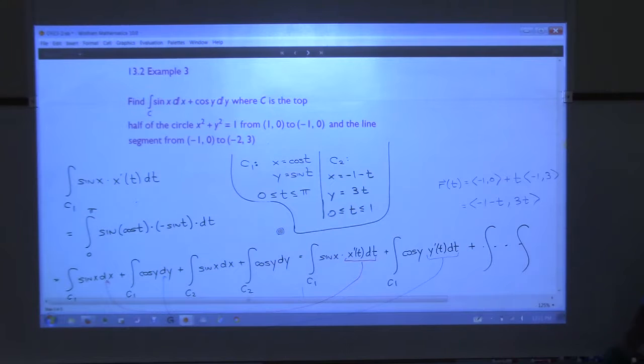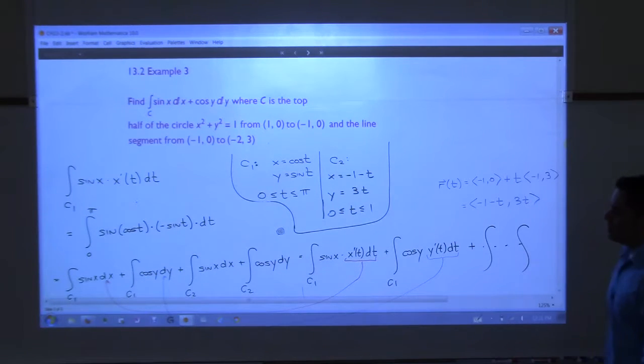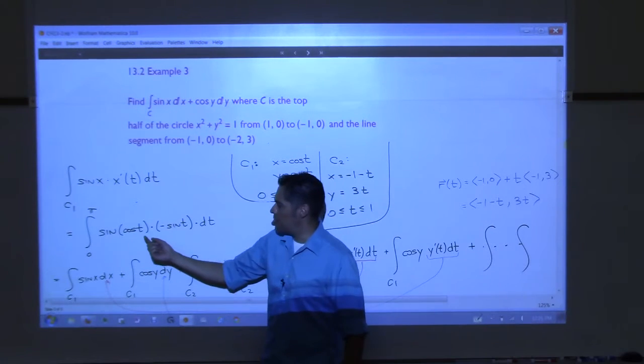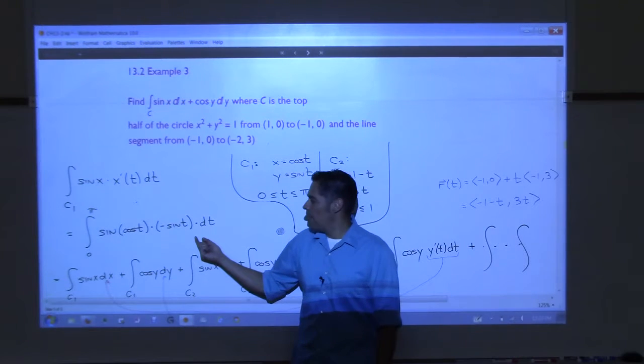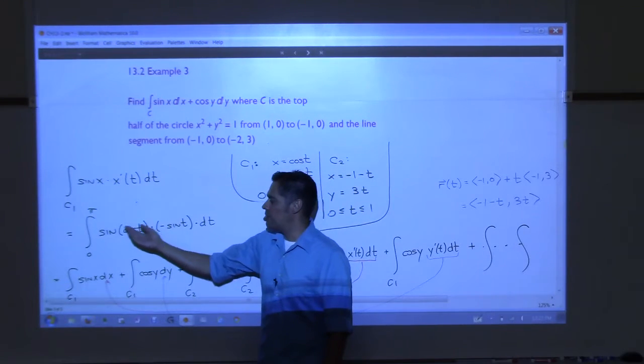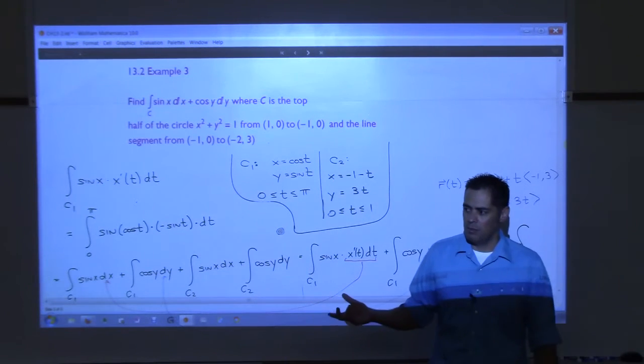Use a calculator? That'll be a basic U sub, wouldn't it? This is a basic U sub. It works straight away. The U sub here is cosine t. The derivative of that is negative sine t. And therefore, this is just sine u. The antiderivative of sine u is negative cosine u. Yeah?